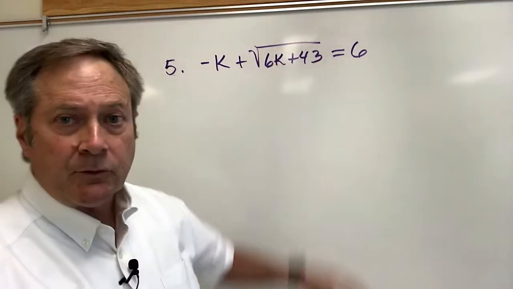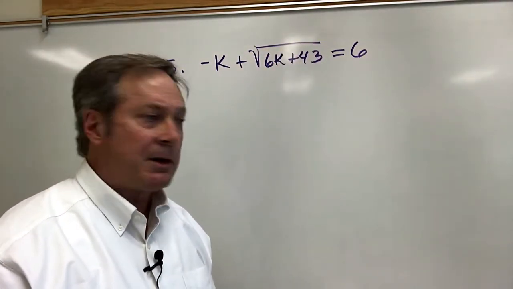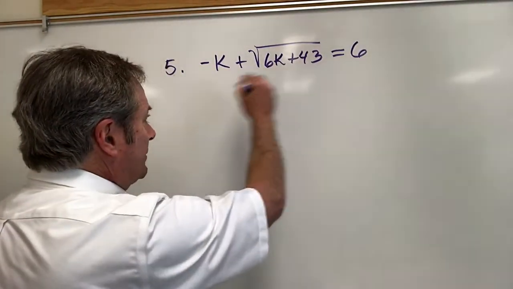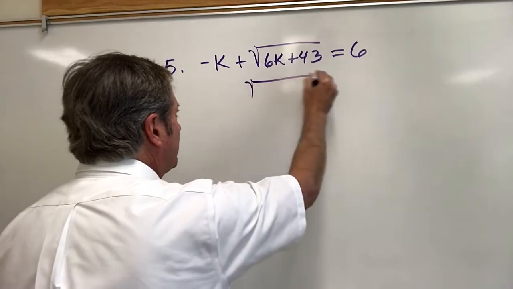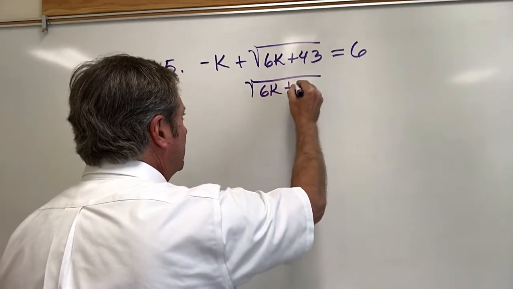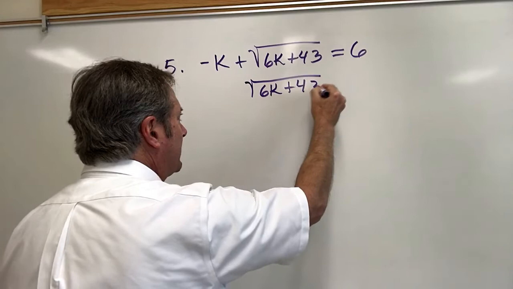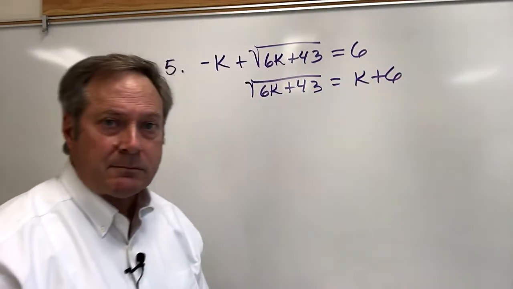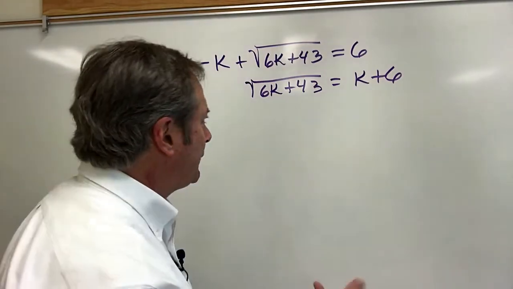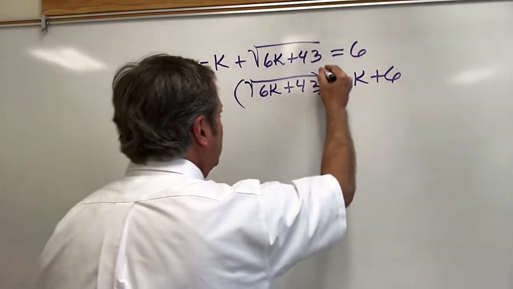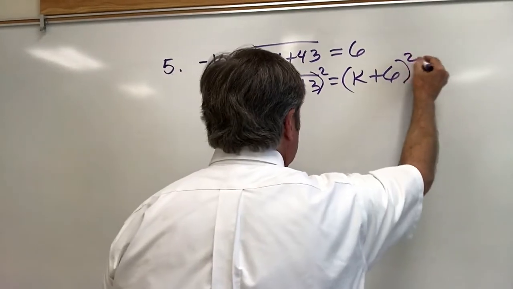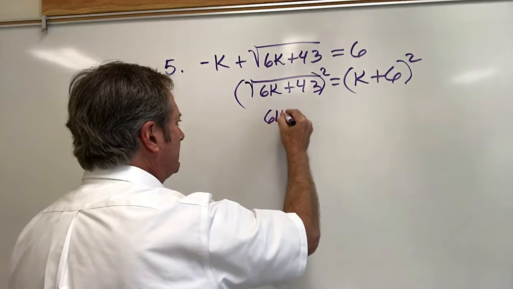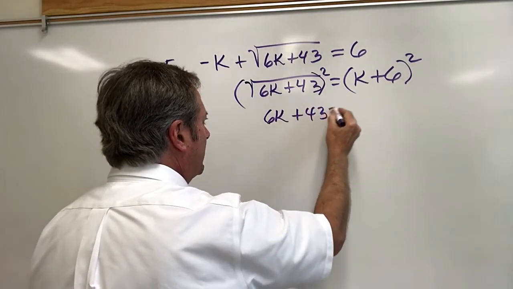All right, this particular problem is a little bit more difficult. Before we can deal with the square root operation, I need to get this k over to the other side. And the way I'll do it is I'll add it to both sides. So on the left now I've got square root of 6k plus 43. And on the right I've got k plus 6. Now everything looks fine except that as we square both sides, on the left side, the square root of 6k plus 43 squared drops down to 6k plus 43.